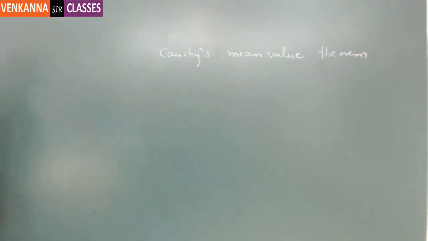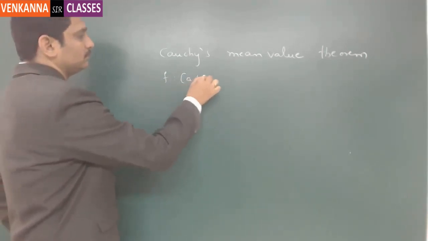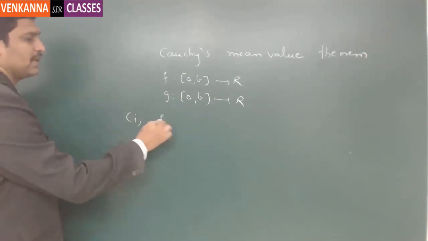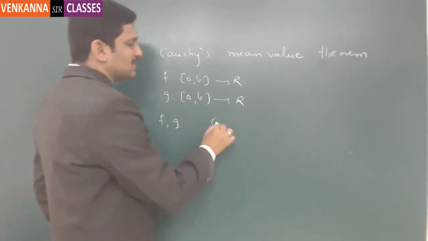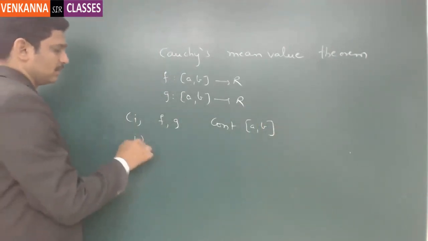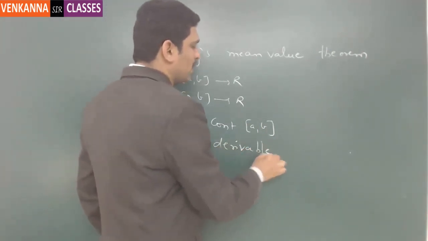So let us discuss Cauchy's mean value theorem. Suppose you have considered two functions on the same interval, f from closed interval [a, b] to R and g from closed interval [a, b] to R, with the property that f and g both are continuous on the closed interval [a, b] and f and g both are derivable on the open interval (a, b).